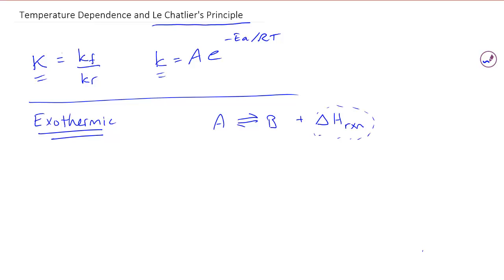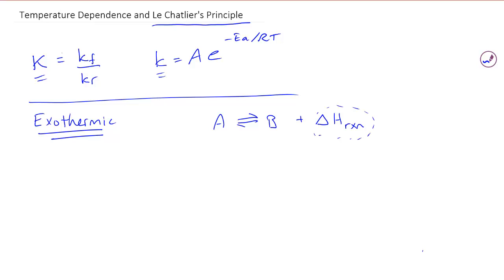From this point of view, we can treat energy like a product. And so how would you take a product away? Well, if it's a physical chemical, you would react it or remove it with some device. But energy, we tend to add or remove by changing the temperature.